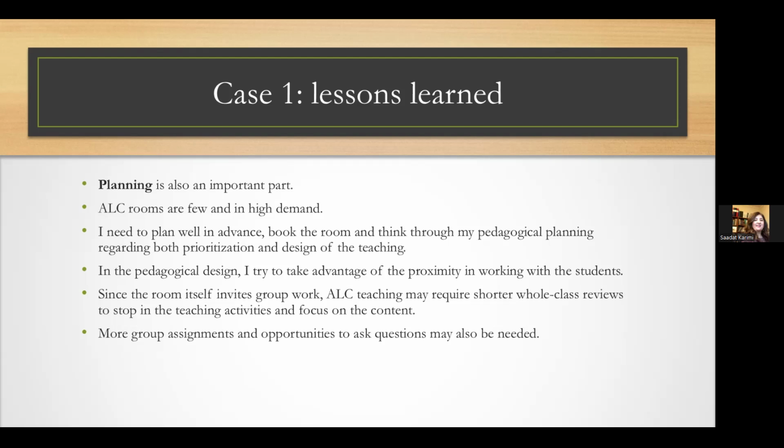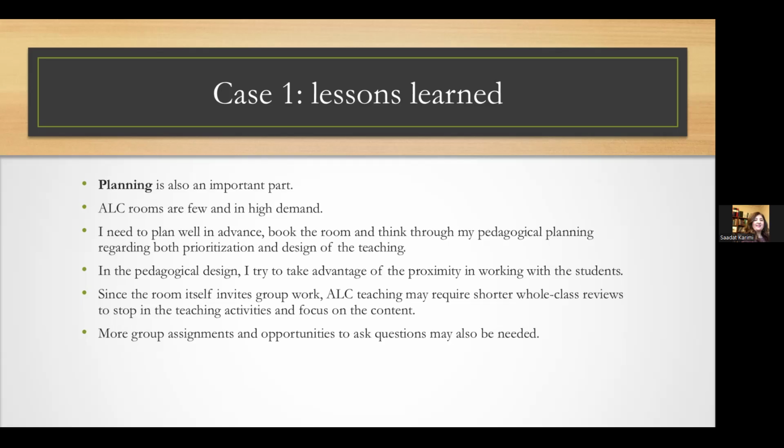I can use the room to get close to the students in student active teaching activities that offer variation in teaching and create good conditions for activity-based learning. Specifically, my teaching role is affected in several different ways when it comes to teaching in ALC.